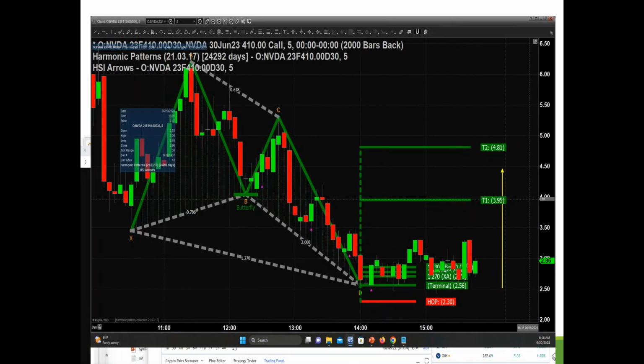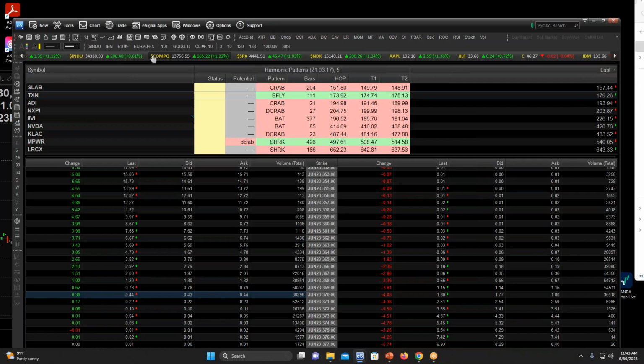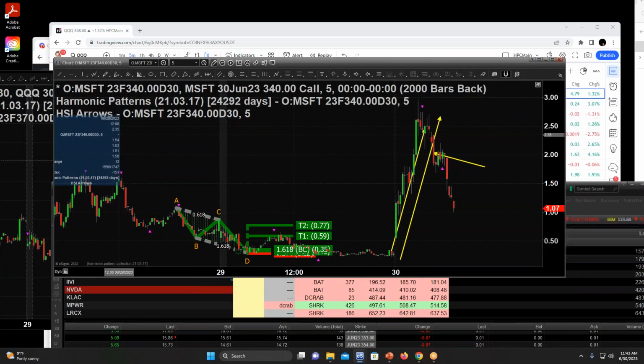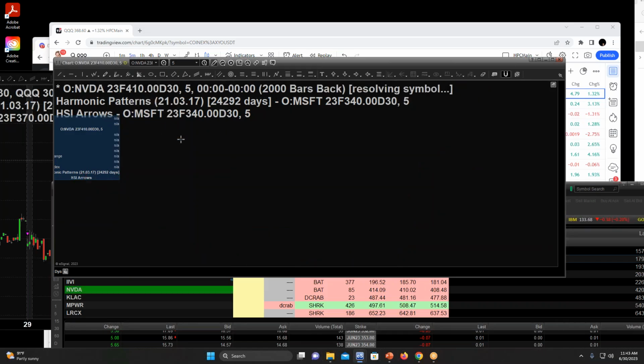Yeah, the 410. We were looking for that to go somewhere around $2.70 to $3.95, $4. It went to 13. But again, that's the short-lived reaction. It's probably rolled over by now. Yeah, NVIDIA's plus 12. There's the 410s.